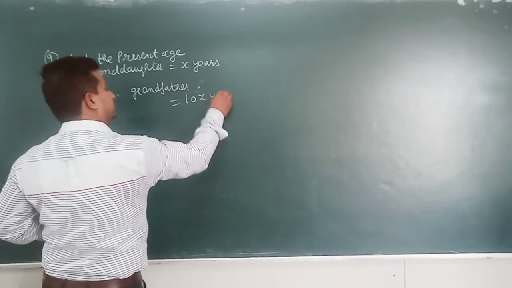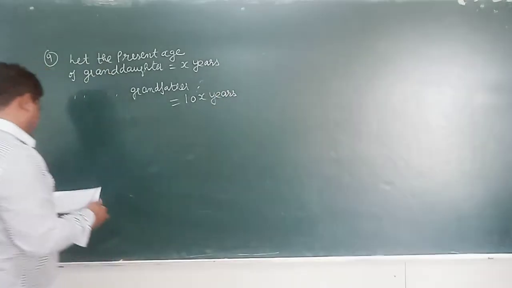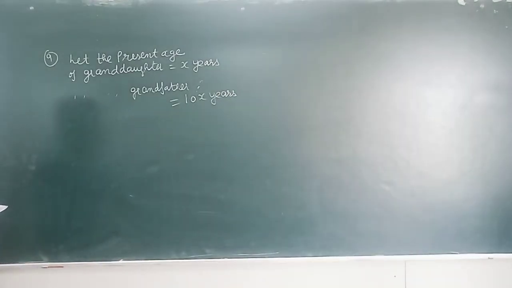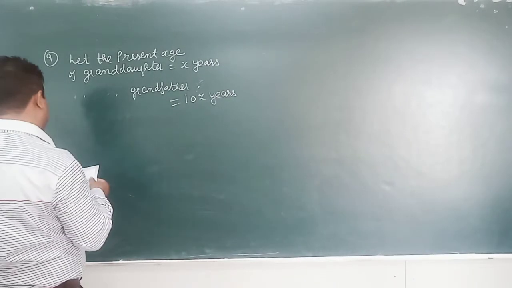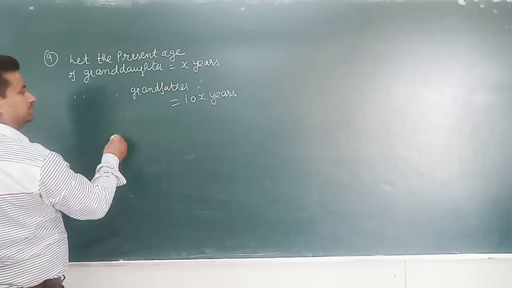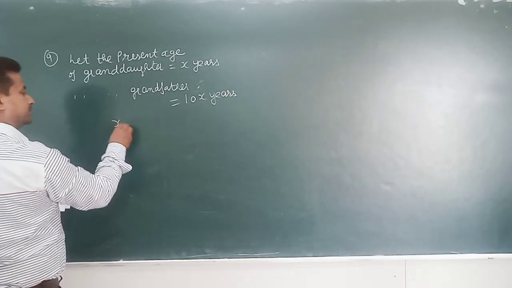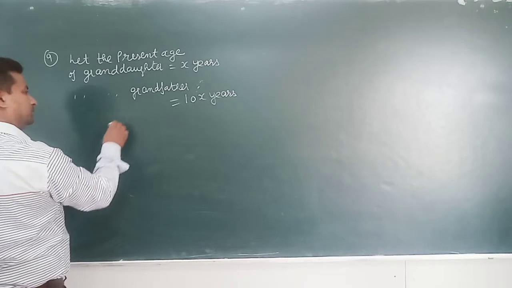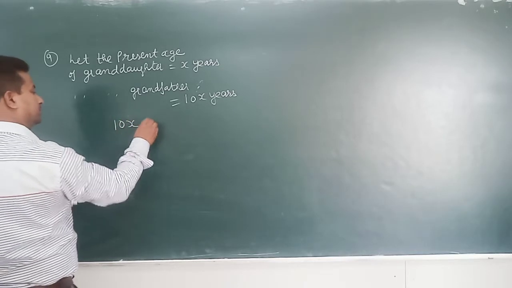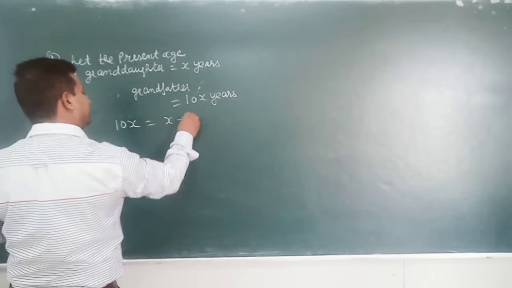This means 10x years. According to the question, he is also 56 years older than her. This means 10x equals x plus 54.